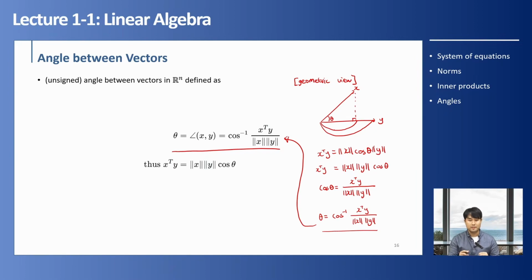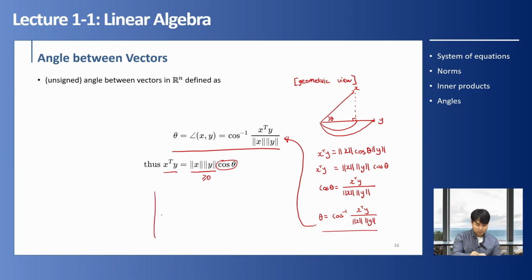Now, if we revisit the definition of orthogonality, you'll remember that the inner product was equal to 0. And if we take a closer look here, you'll notice that the norm is always greater than or equal to 0. So as long as x and y are both non-zero, the inner product will be equal to 0 if cosine theta is 0.